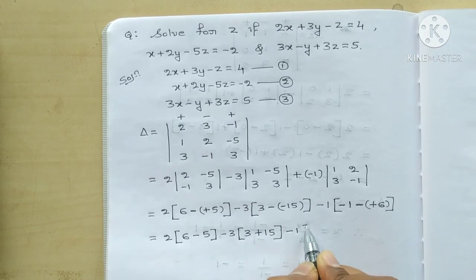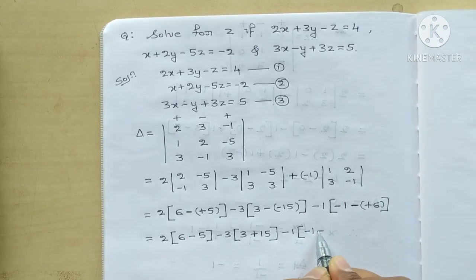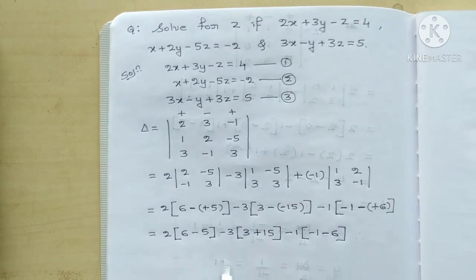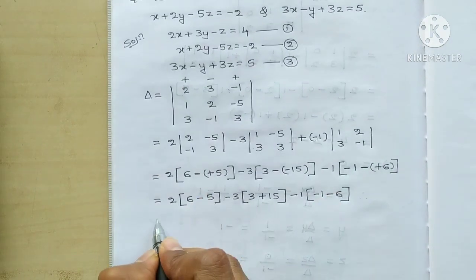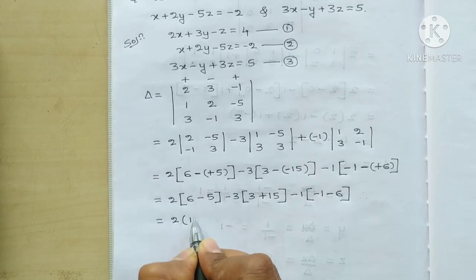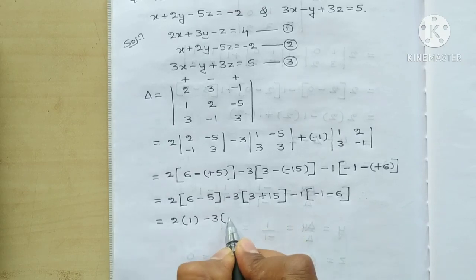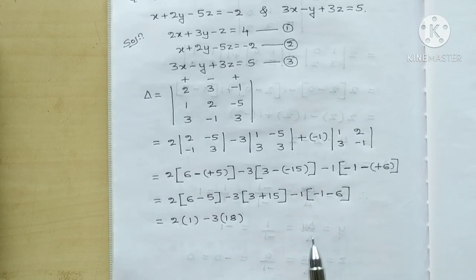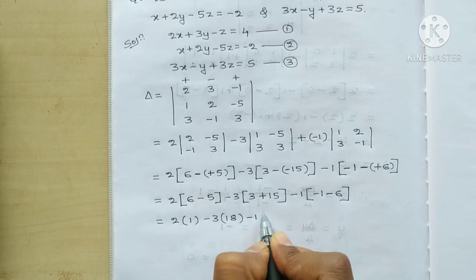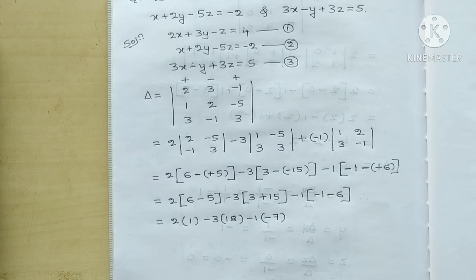Next, minus 1 into bracket, this is minus 1, minus into plus is minus 6. Next, which is equals to, this is 2 into bracket, 6 minus 5 is 1, minus 3 into bracket, 15 plus 3 is 18. Next, minus 1 into bracket, minus 1 minus 6 is minus 7.